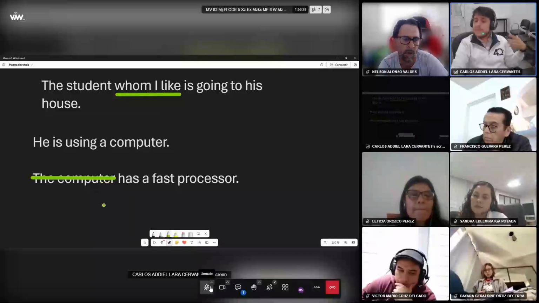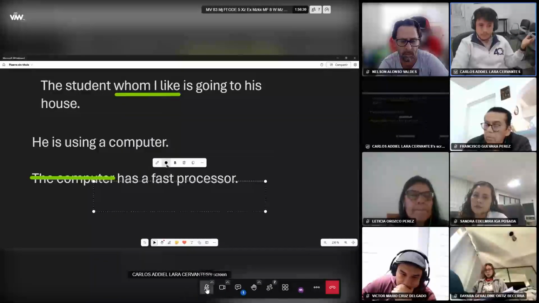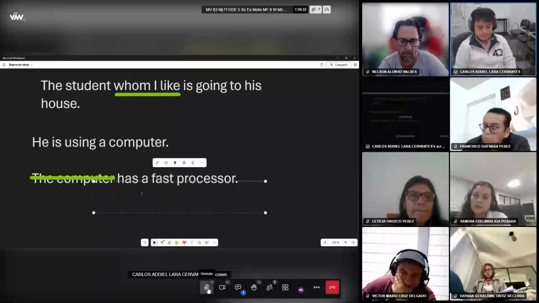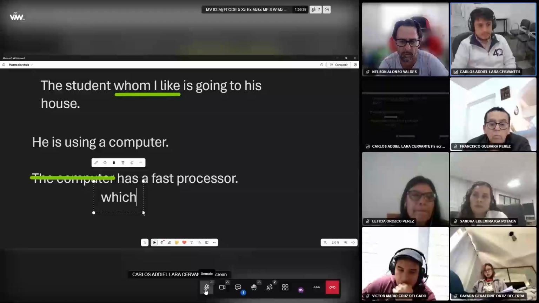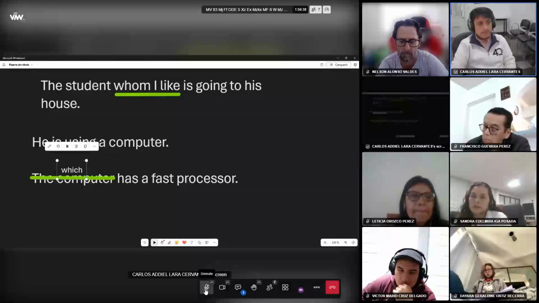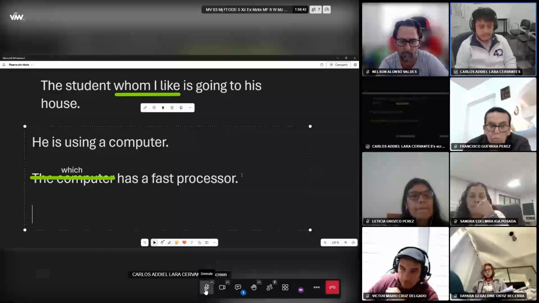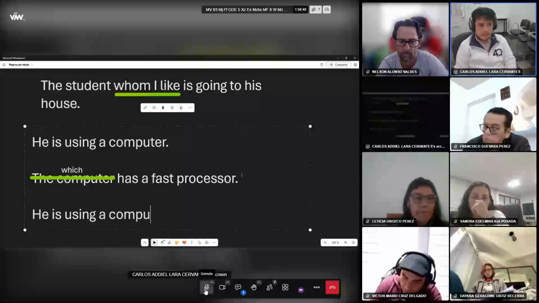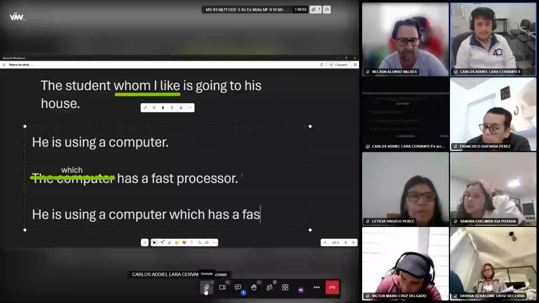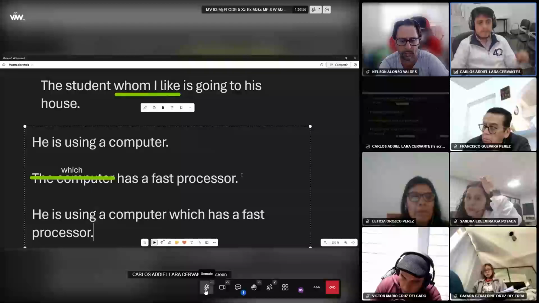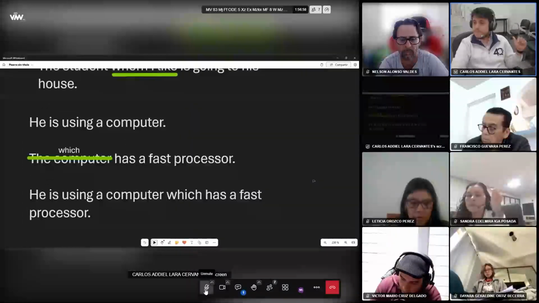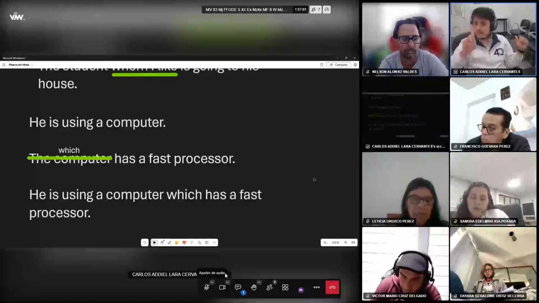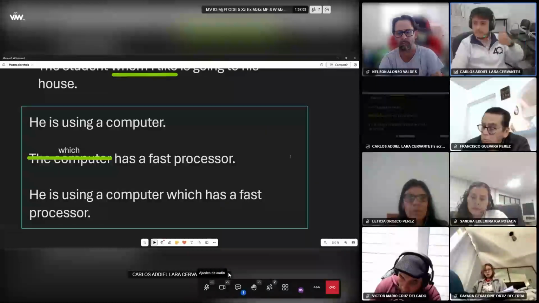It's not a person, it's an object. So we're going to substitute this with which. So combining the two ideas, we can say he is using a computer which has a fast processor. Now, these are two ideas in one. Good?